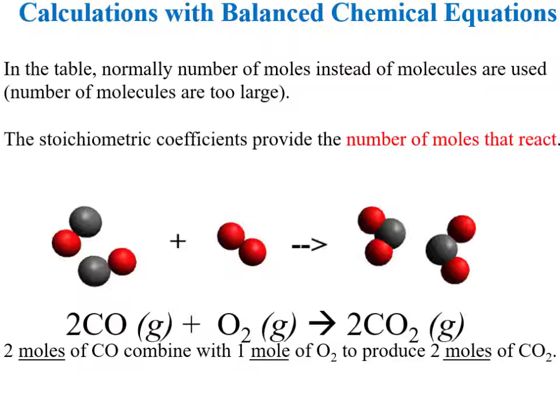Let's look at an example on how to use the number of moles that appear in the chemical equation to calculate reactant quantities and product quantities. In the reaction of carbon monoxide with oxygen to produce carbon dioxide, 2 moles of carbon monoxide combine with 1 mole of oxygen to produce 2 moles of carbon dioxide.